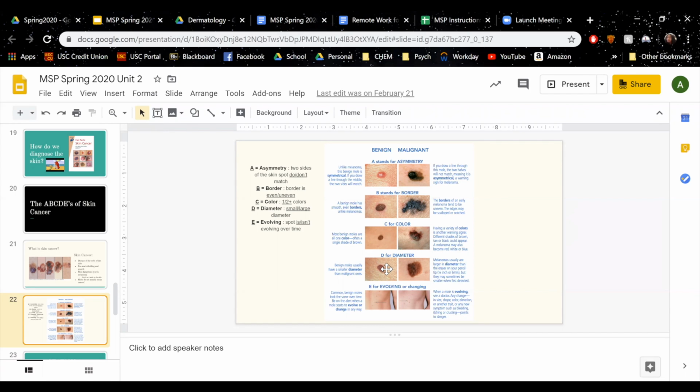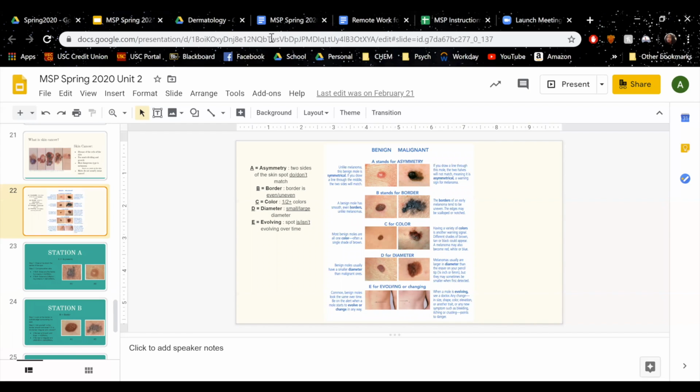This one was tough because they had to measure. In the original lesson plan, they have to measure, but my students weren't really keen on using rulers, so I instead had the stations that I'll discuss in a second. And then E is for evolving or changing. If the tumor or mole changes over time, then it is likely malignant.